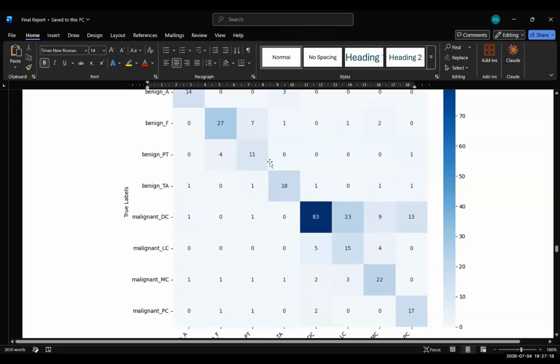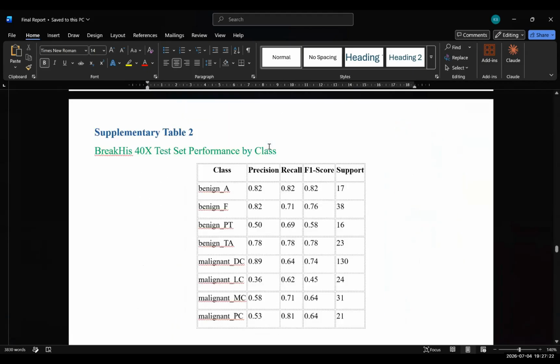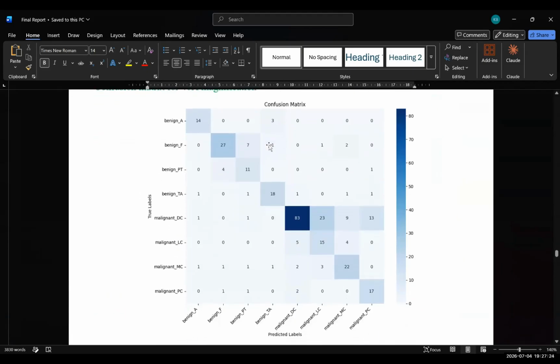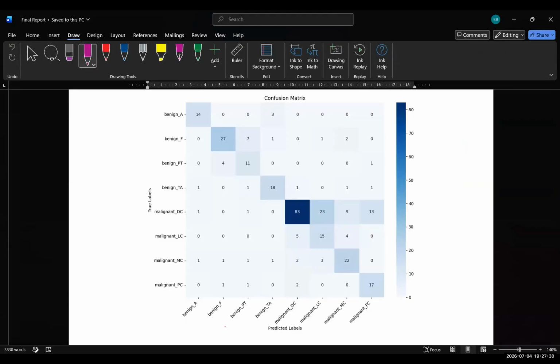So can you see here a table with the numbers? See over here, the X axis has predicted labels and the Y axis has true labels.